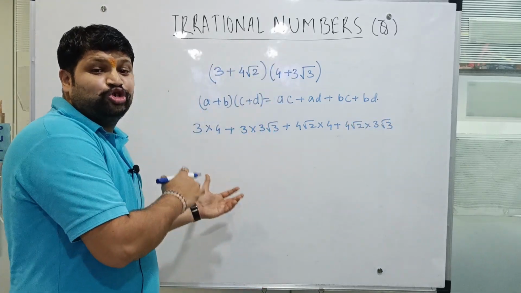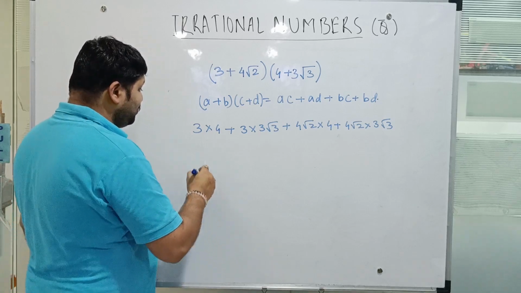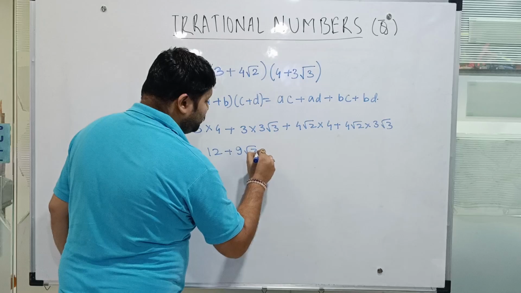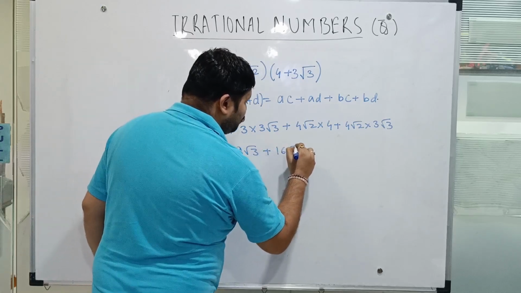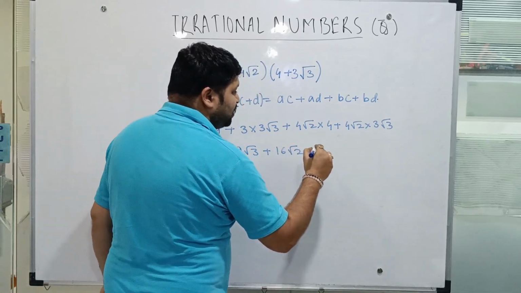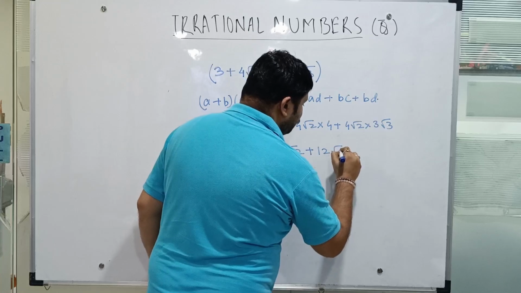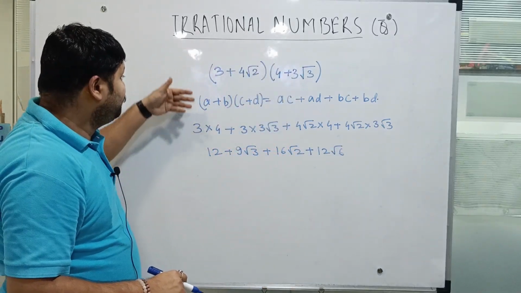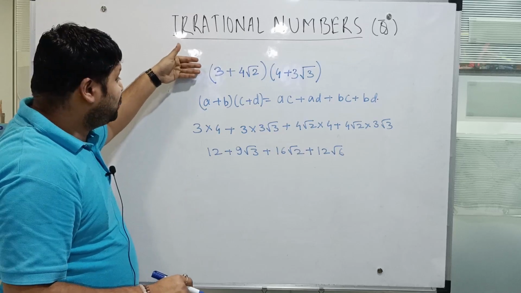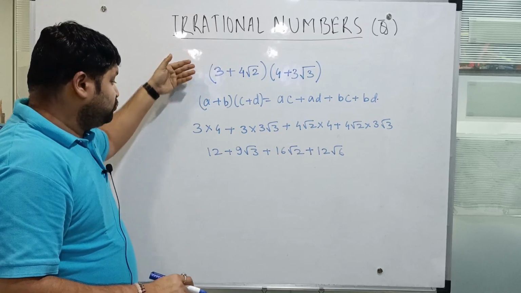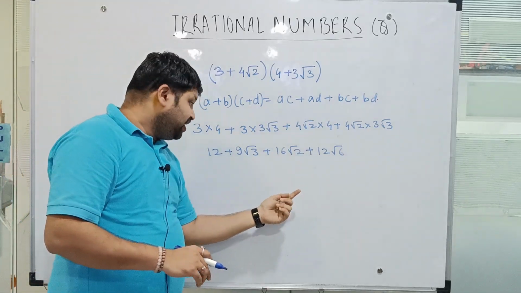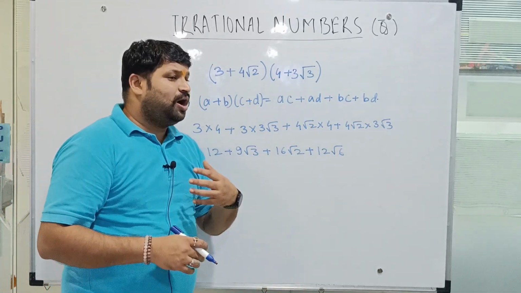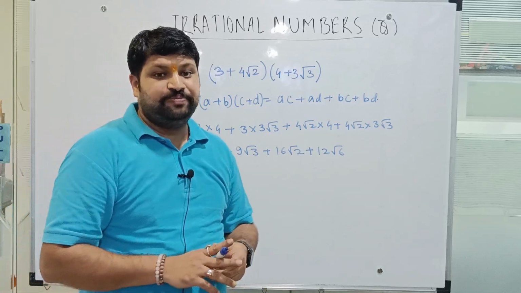And then we would solve them separately, giving us 12 plus 9 root 3 plus 16 root 2 plus 12 root 6. So this would be the expansion of an irrational number that is written like this. So you see, it looks pretty large and it would have various terms. Many times these terms do get cancelled out, however it is not true always.